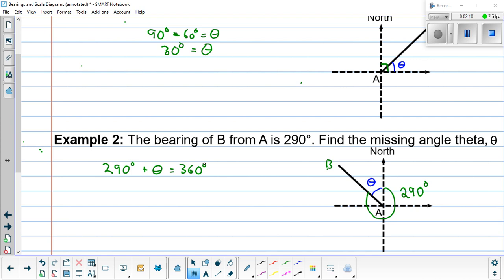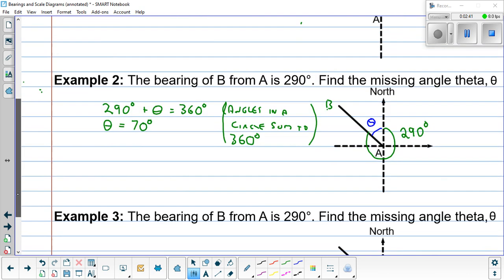And you could even state the property: angles in a circle sum to 360. So here we can quickly see that theta has to be 70 degrees.